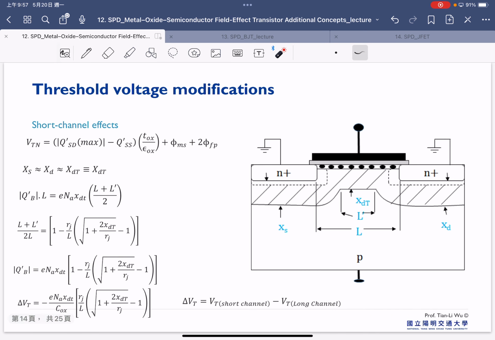So here is some of the further calculation for the short channel effect. The idea is that we will find out that our threshold voltage can be influenced by the different channel lengths here, and therefore we can calculate the delta VT, which is the threshold voltage under the short channel minus the threshold voltage under the long channel.